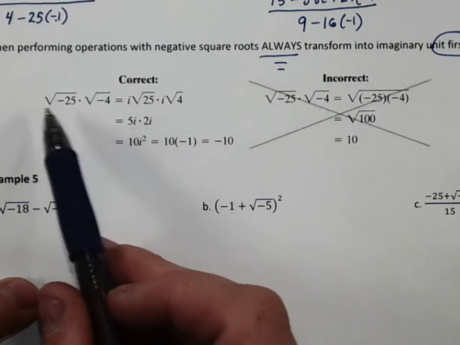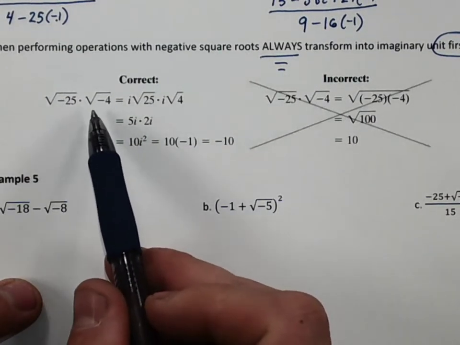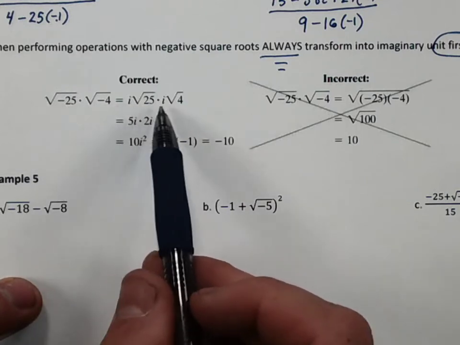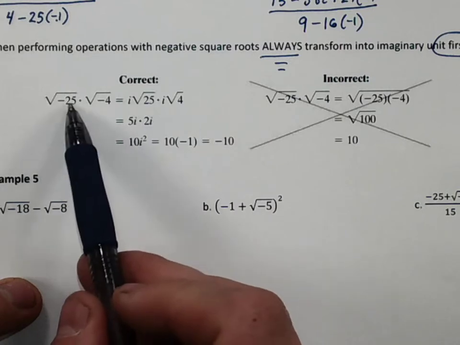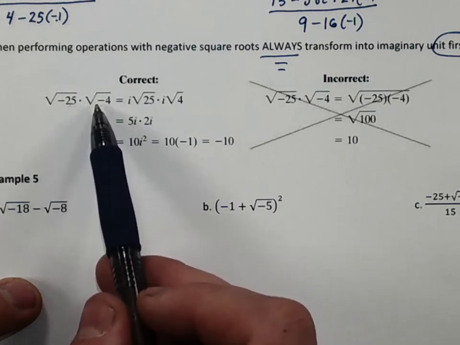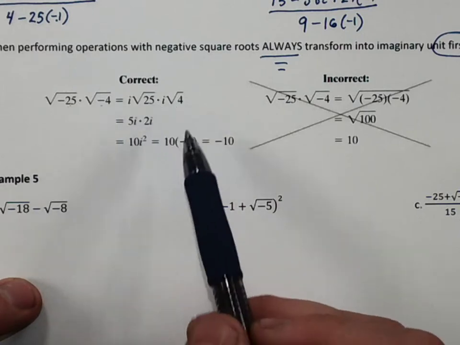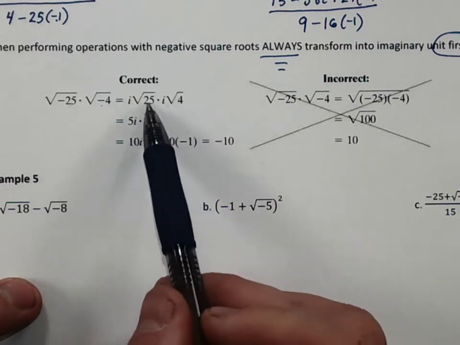Okay, so if I have the square root of negative 25 multiplied by the square root of negative 4, I must first take out these i's because this is an imaginary number, and this is an imaginary number. And you've got to take those i's out first, then you can multiply by these two things.